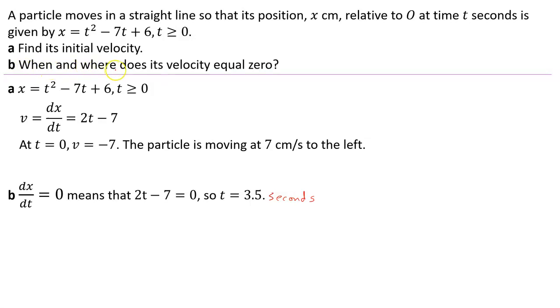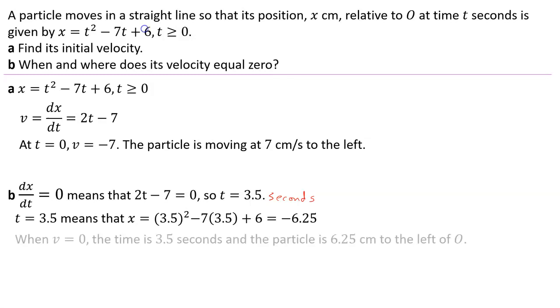I also need to say where. Where means I take my time and I substitute it into my expression for the displacement. I can do that on my calculator. That gives me negative 6.25, so I need to interpret it within the context of the question. That means 6.25 centimetres to the left, because it's negative, of O.